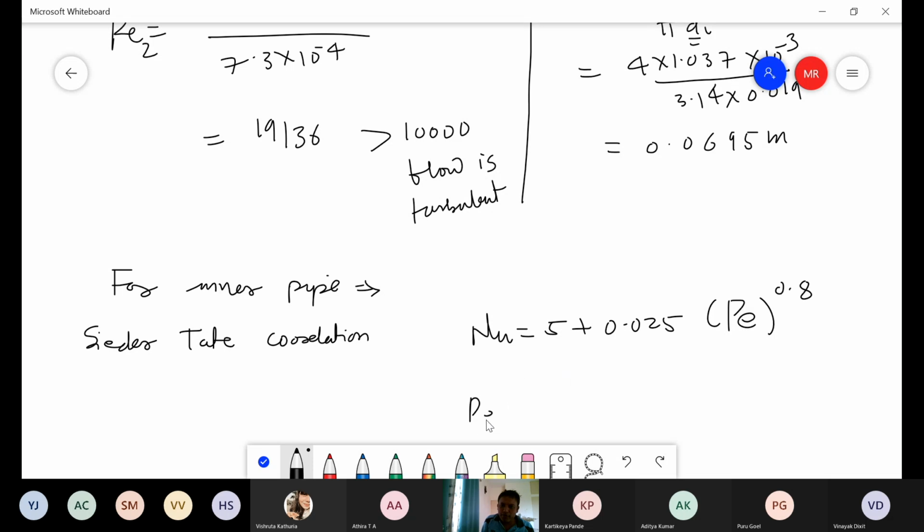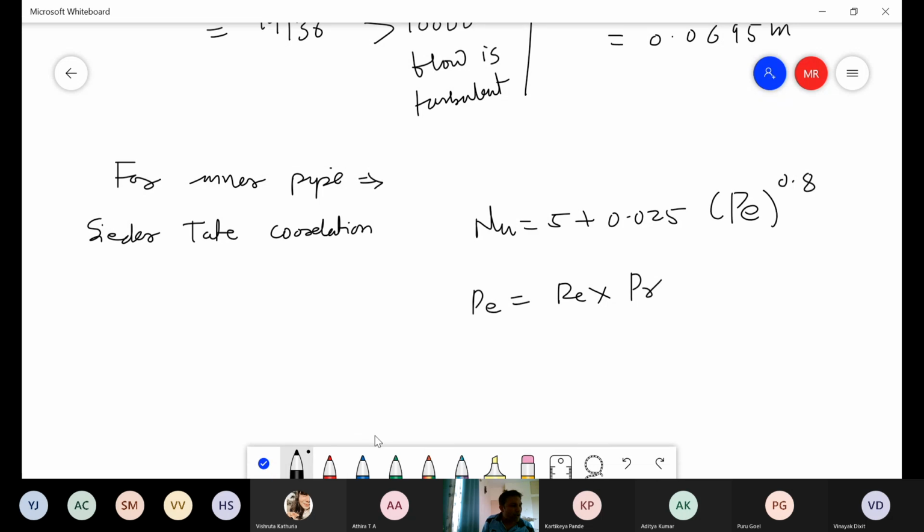That is the correlation given by Seider and Tate. So now Peclet number is what? Peclet number is Reynolds number into Prandtl number. Again, Reynolds number we have already calculated. Reynolds number is 35060, but Prandtl number we have to calculate.